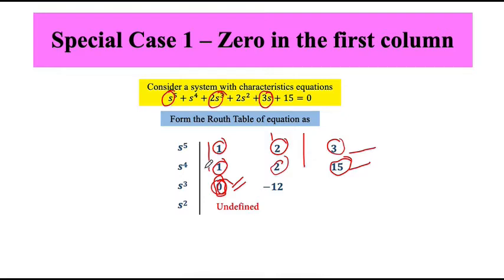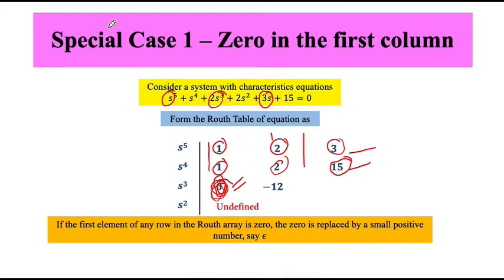No, there is a way out of this. If the first column of any row is 0, then just replace it by a small positive number, epsilon. Call it epsilon, a small positive number. The value of epsilon is allowed to approach 0.